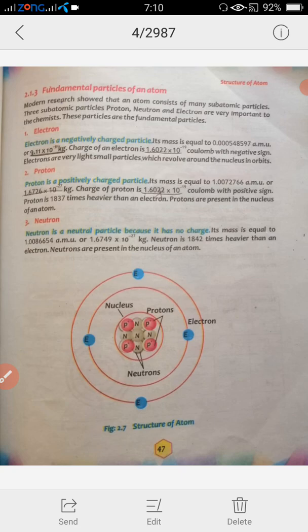And if we weigh it in kg in standard unit, this mass will be equal to 9.11 multiplied by 10 raised to power minus 31, and the charge of electron will be equal to 1.6022 multiplied by 10 raised to power minus 19 coulombs.